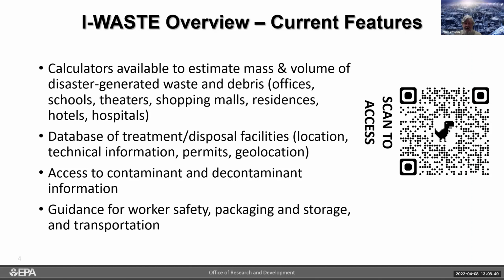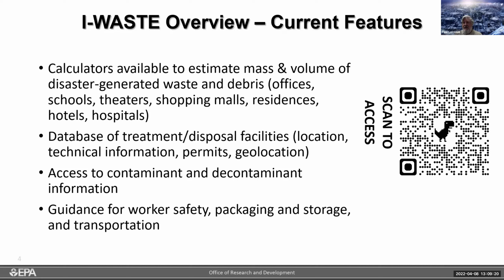There's databases of treatment and disposal facilities, such as the location, technical information, if the permits are online, geolocation information. If there's compliance history that's online, that'll be available. There's also a database of guidance documents and other things that we found on the internet that looked like they might be of interest to people.